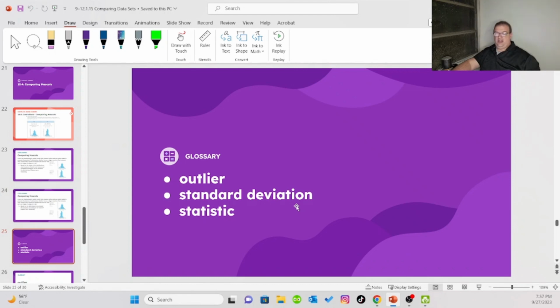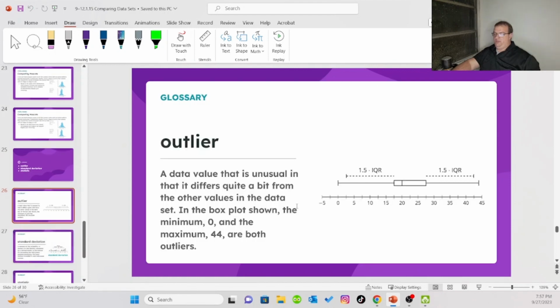So that's the end of the lesson. Remember our vocabulary terms, our outlier. This is a data value that is unusual in that it differs quite a bit from the other values in the data set. Here they give you a visual display. They take the IQR, which is the size of the box, and multiply it by 1.5.